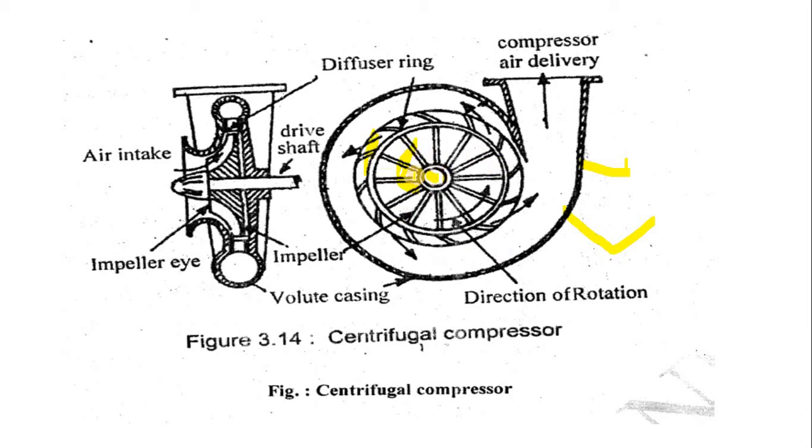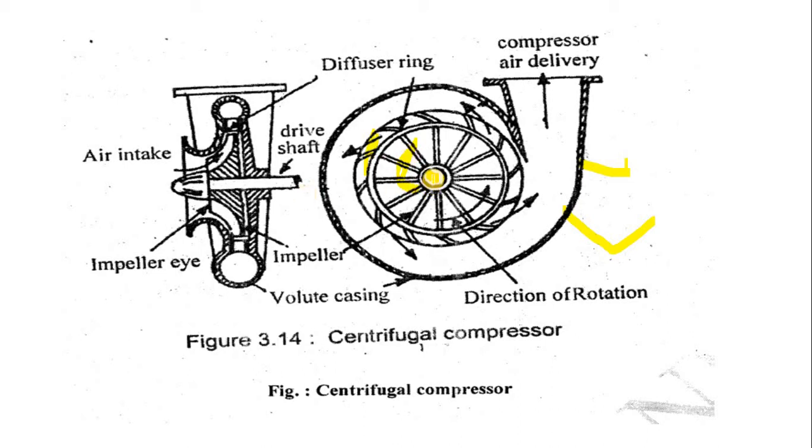The impeller exerts a force on the air, and the air gets speeded up. Velocity and speed as well as pressure increase. The impeller is directly connected to the motor; when the motor rotates, the impeller rotates at high speed.